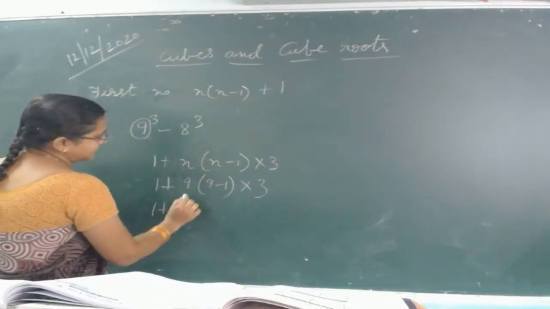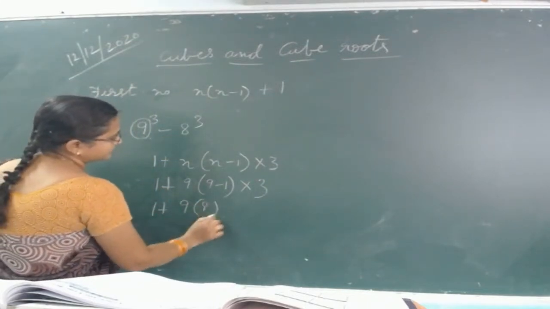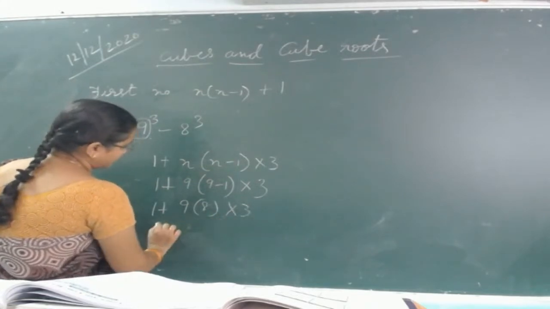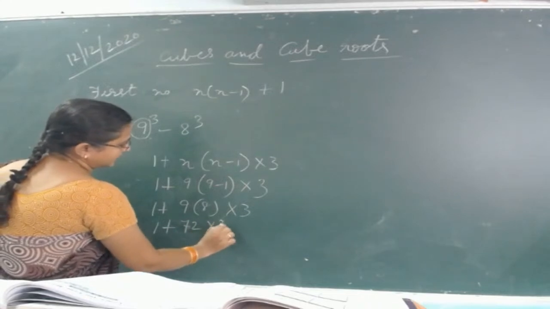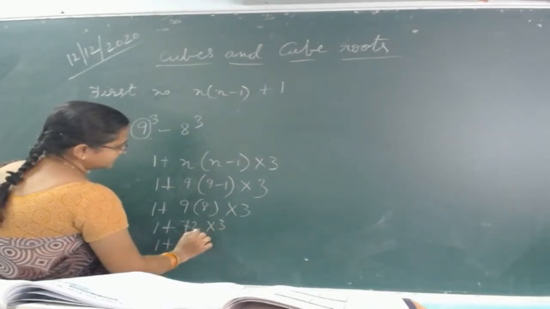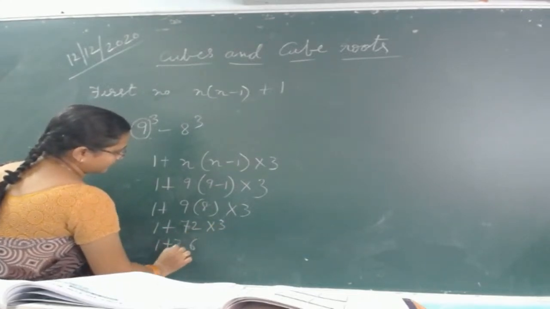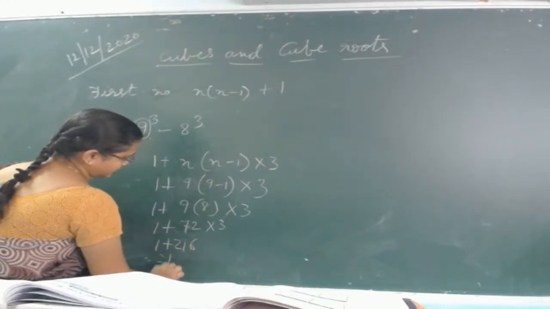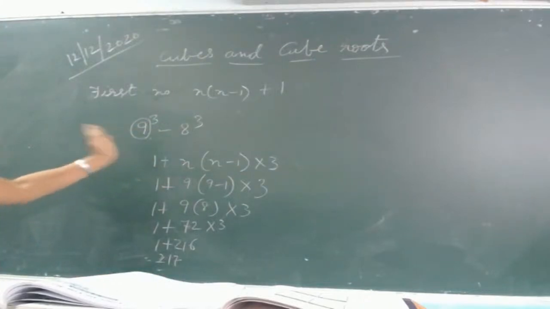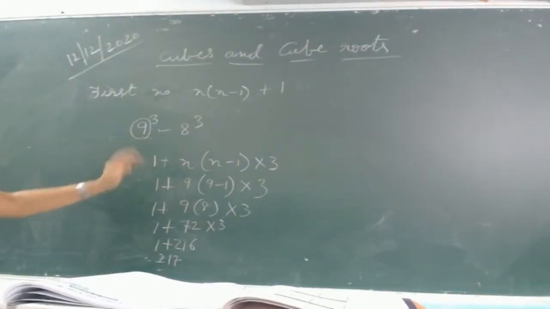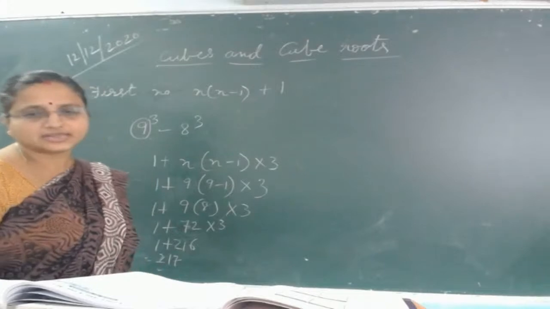So that is equal to 1 plus 9 into 8 into 3. 1 plus 72 into 3, that is 1 plus 216, which is 217. That will be your answer for the difference between two consecutive cubes. Understand or not?